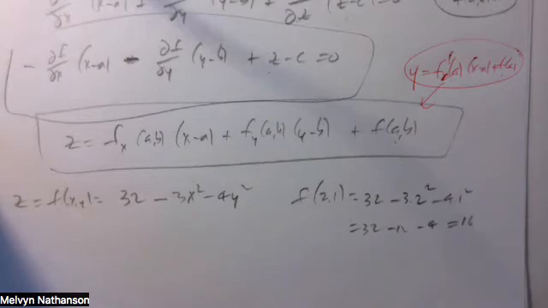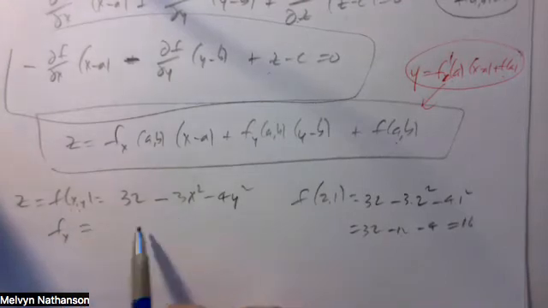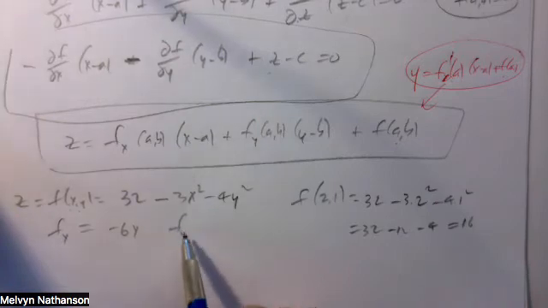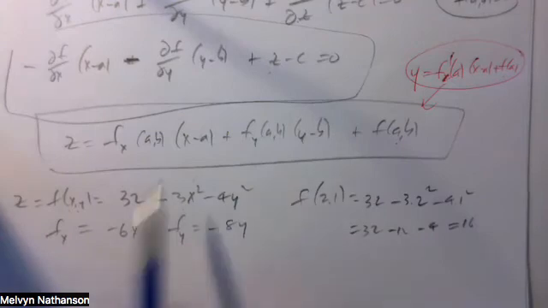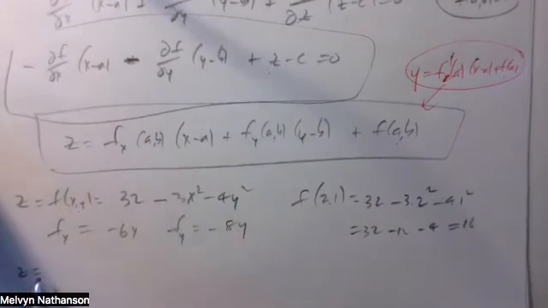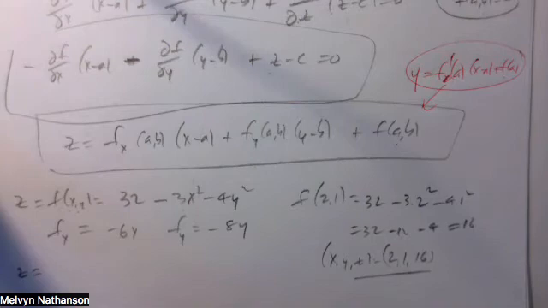For this function, the partial of f with respect to x is minus 6x. Partial of f with respect to y is minus 8y. So the equation of the tangent plane is z equal to partial of f with respect to x at the point (2, 1, 16), which is on the surface.